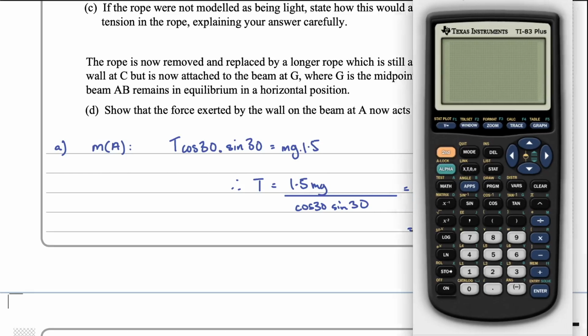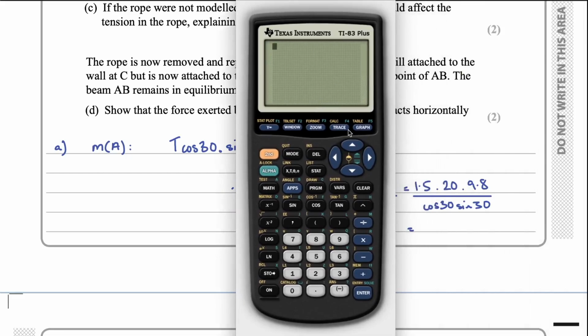So we have 1.5 times 20 times 9.8 divided by cosine 30 sine 30. And that should give us the tension force in the rope.